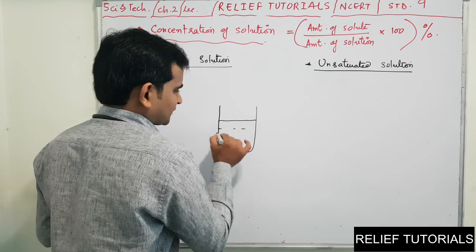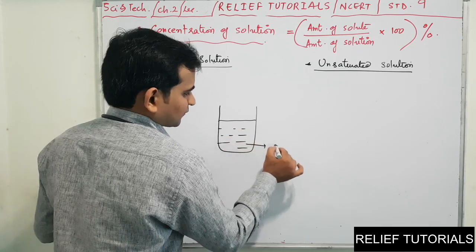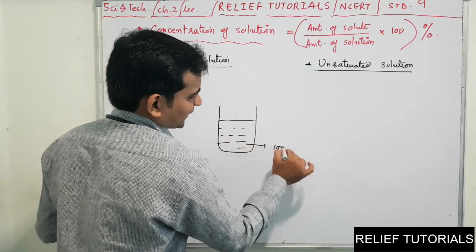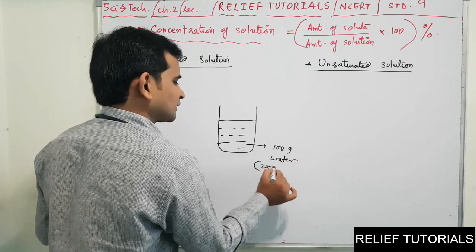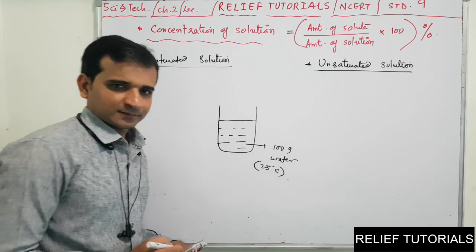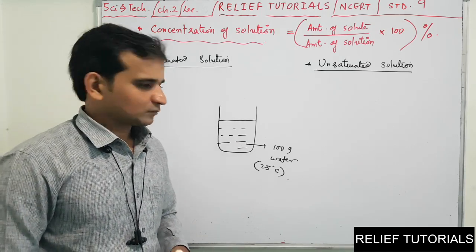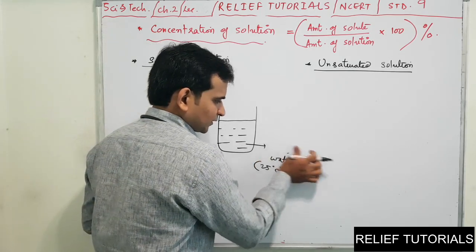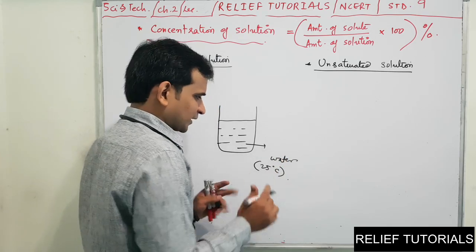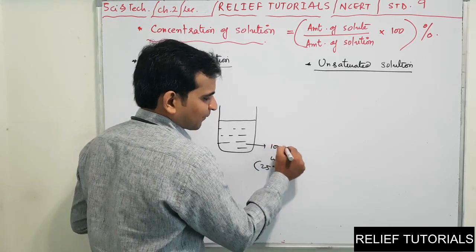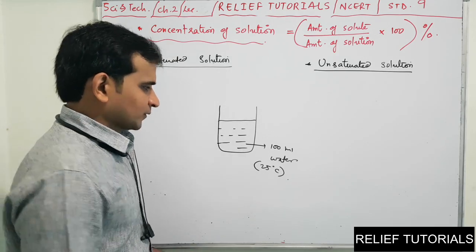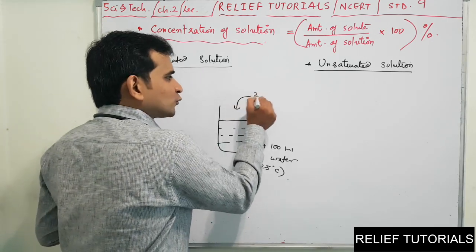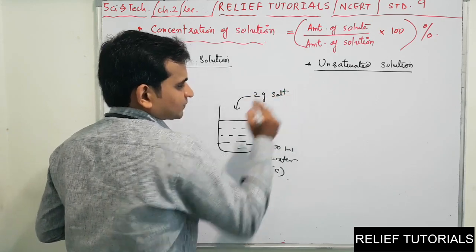Consider here, let us say this is 100 gram of water. Temperature of this water is 25 degrees Celsius. Let us take a simple example to understand. Let us say this is 100 ml of water volume. Now let me add 2 gram of salt.